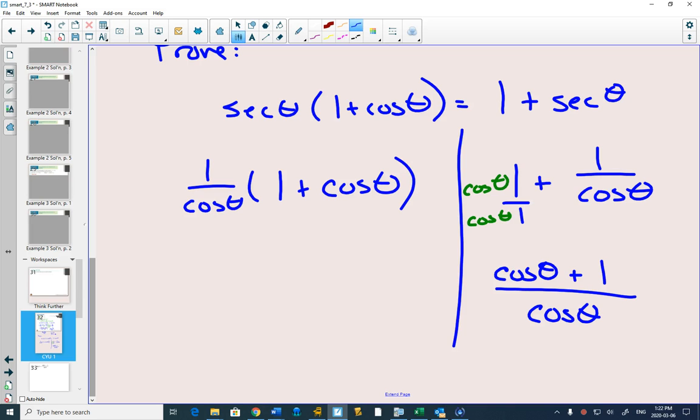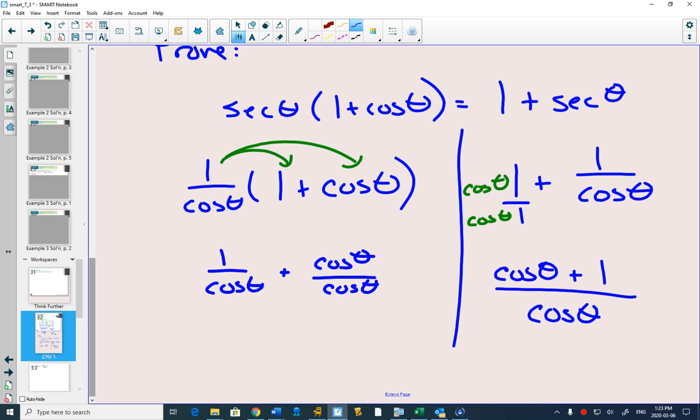On this side, I could distribute this and this. This would give me 1 over cos theta plus cos theta over cos theta. I have a common denominator already, so I could add the fractions to get a single fraction.